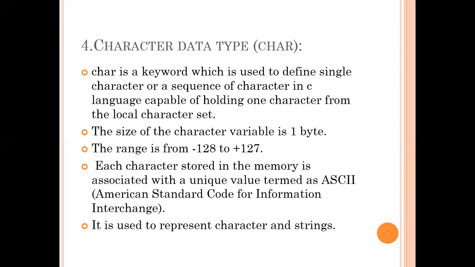Including 0, it becomes 256. The range is from minus 128 to plus 127. Each character stored in memory is associated with a unique value termed as ASCII. It is used to represent the characters and strings.